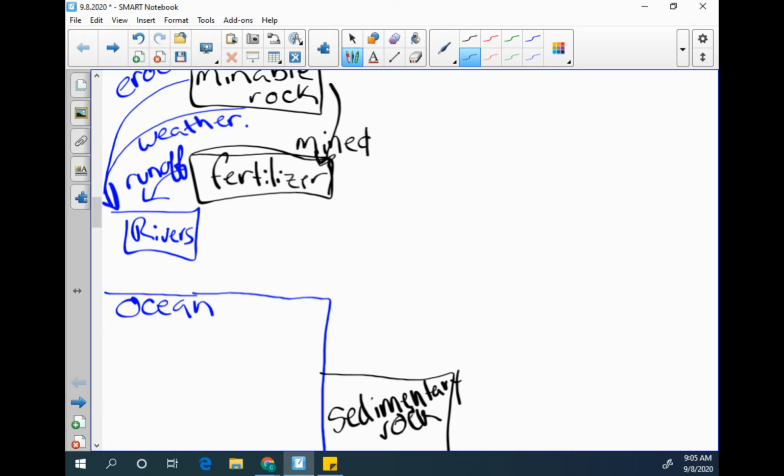So, phosphorus can get into the ocean and into sedimentary rock from rivers. There's also a lot of sedimentary rock on and around riverbeds, and those rivers can give phosphorus to the ocean and rock through runoff.